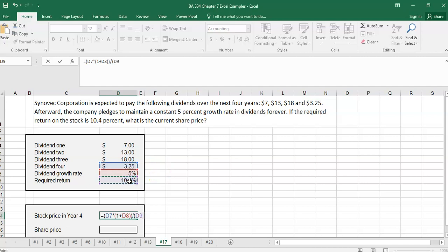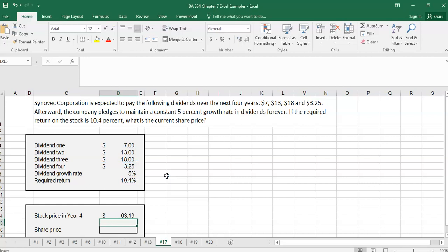Just that dividend growth model. The most recent dividend times 1 plus the growth rate divided by the return minus the growth rate. So that gives us our stock price in year 4, which is $63.19.